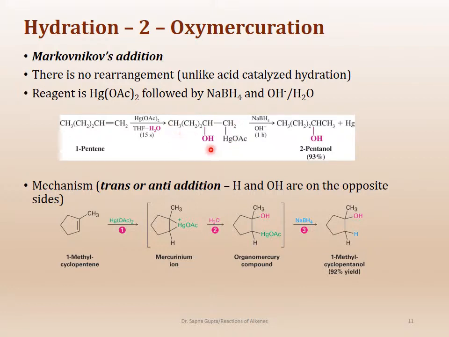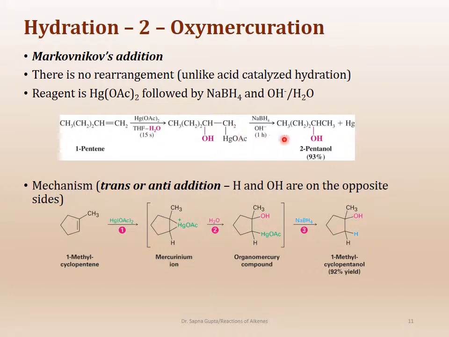And then here is how the intermediate forms, where you have the OH on the more substituted carbon, and the mercury acetate will attach itself to the carbon with more hydrogen.